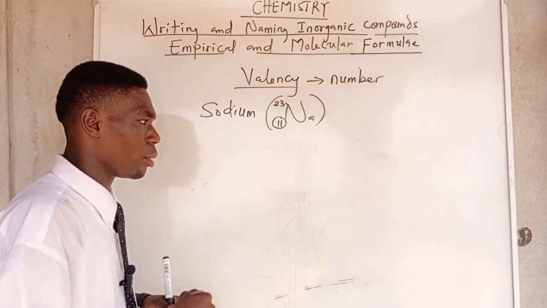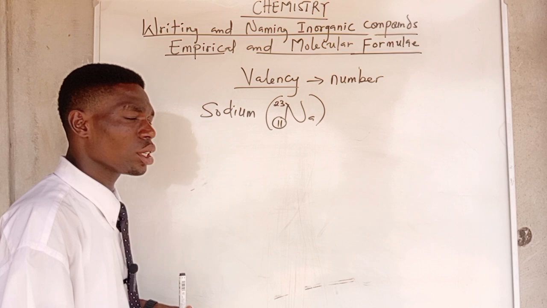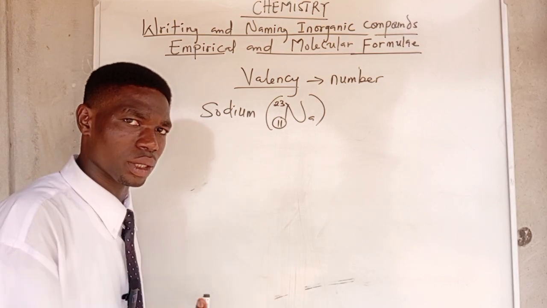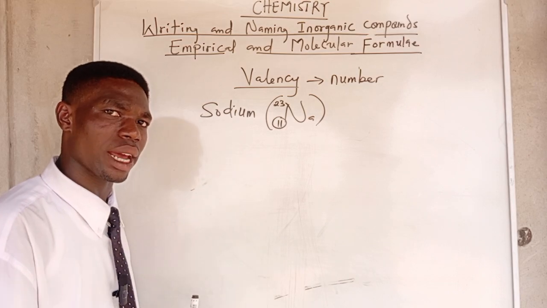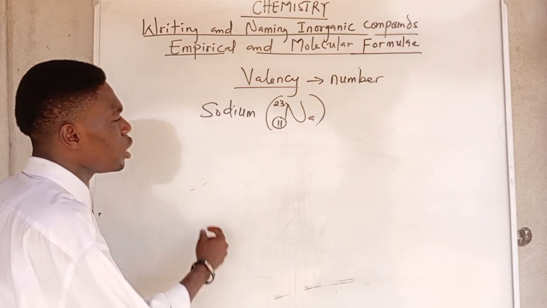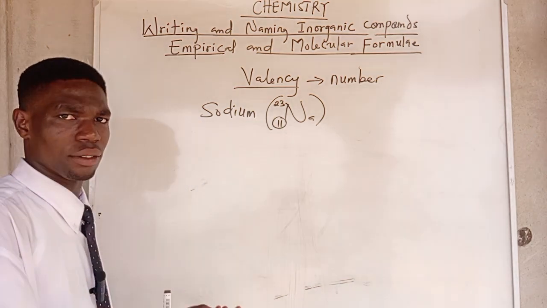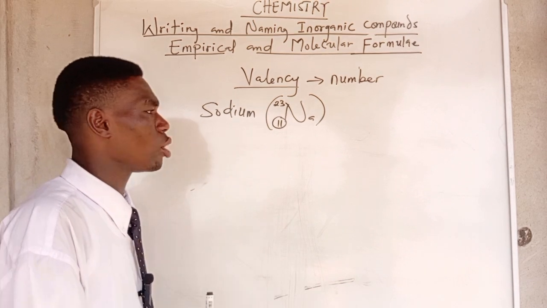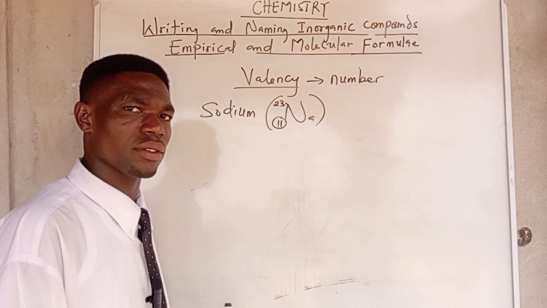Remember that atoms are said to be electrically neutral because they contain equal numbers of positively charged particles and negatively charged particles, which are protons and electrons respectively. So if we say that the atomic number of sodium is 11, which means the number of protons of sodium is 11, it also means that sodium has 11 electrons.